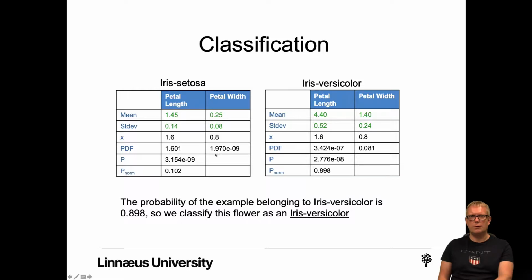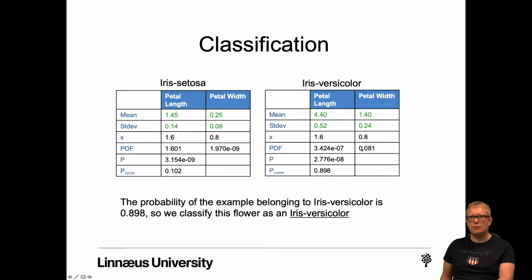And we want to know if this input is an indicator of being a setosa or a versicolor flower. So we calculate the PDF, the Gaussian probability density function, either using the direct formula or using some function in our API or Excel. And we get these results: 1.601 for petal length and 1.970 to the power of minus 9, a very small value.